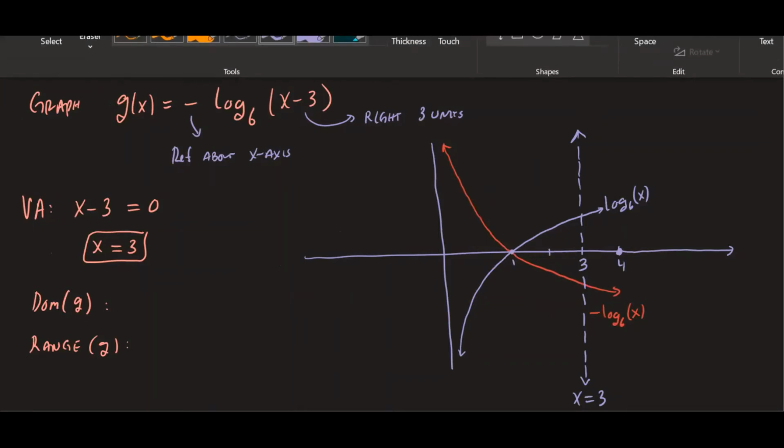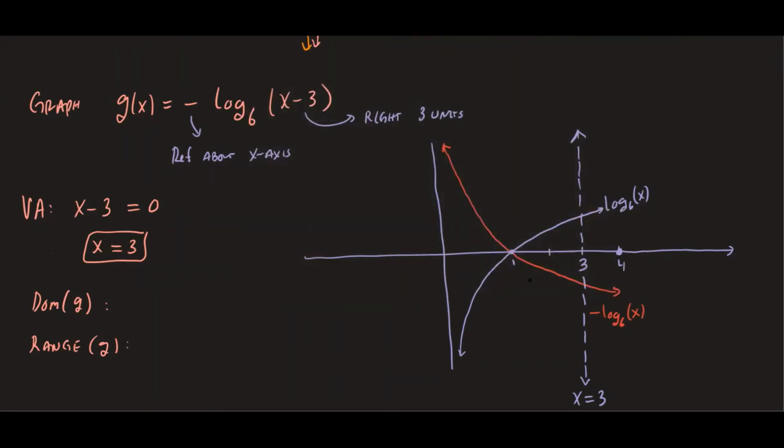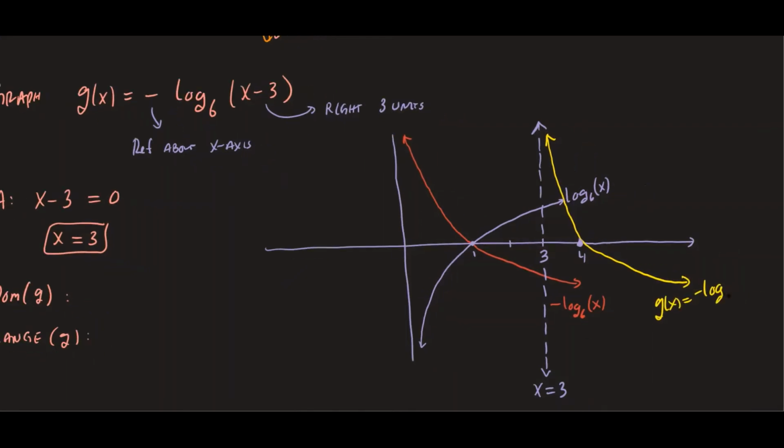So let's do that in a different color. So here's our final sketch. So we have something like that. So that will be our sketch for g, which is negative log base 6 of x minus 3.